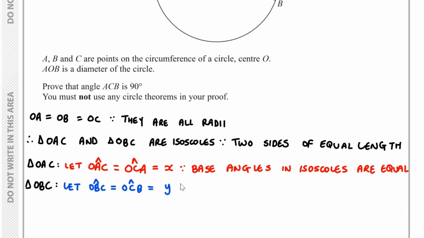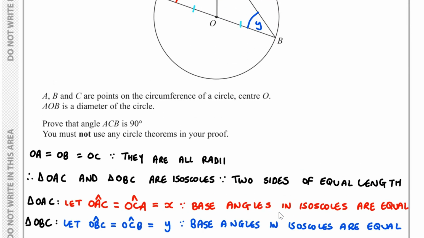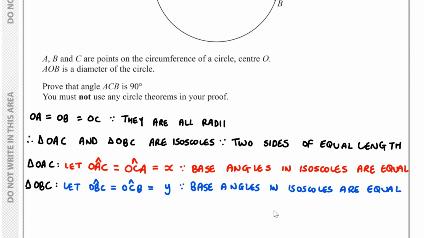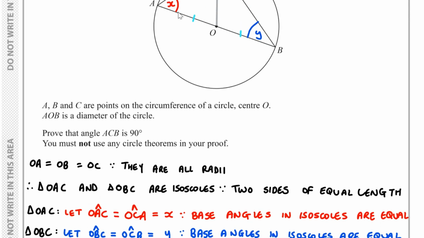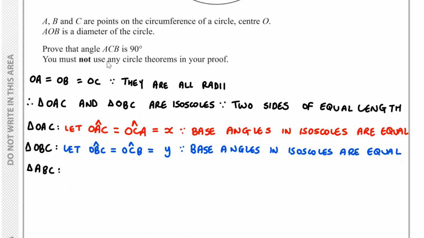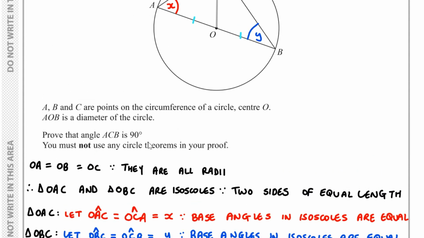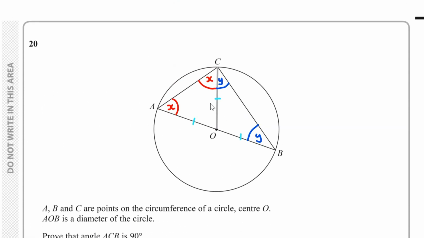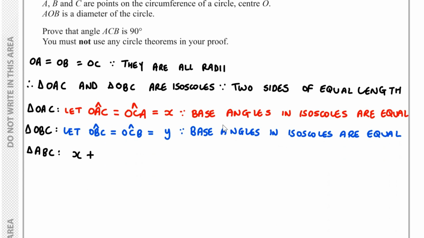So let's write down the reason for this. Of course, base angles in a triangle are equal. Now, if we consider the triangle ABC, then what you can hopefully see here is angles in a triangle sum to 180. So we've got x plus, so that's this x here, plus x plus y plus y.